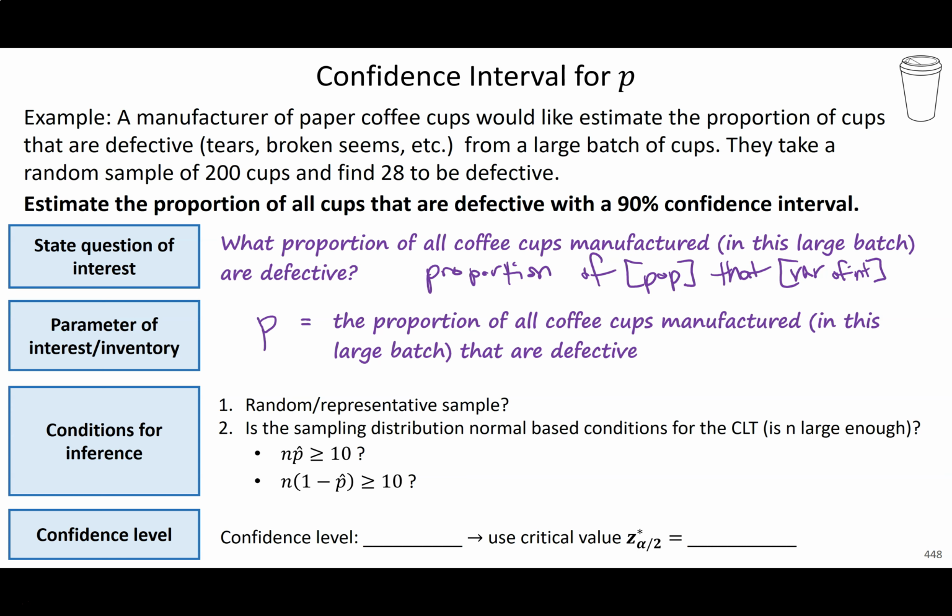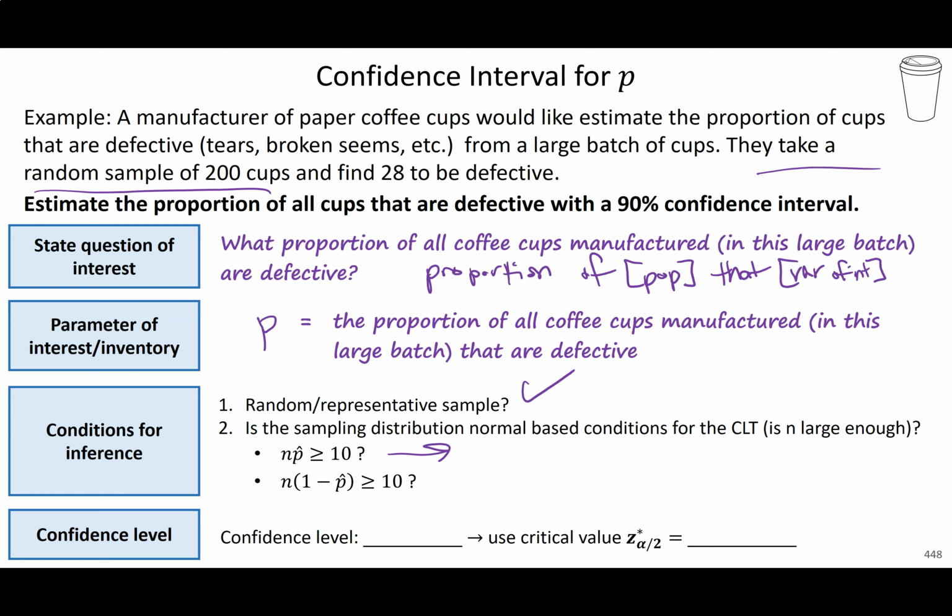From there, we're going to go ahead and check our conditions for inference. Did we have a random or representative sample? They take a random sample of 200 cups. I'd say so. And then for here, is the sampling distribution of p hat going to be normal based on central limit theorem? So is our sample big enough?